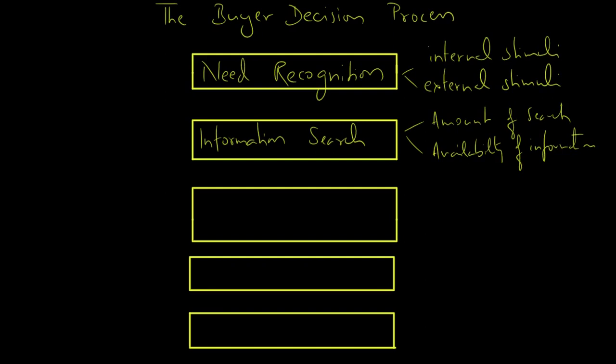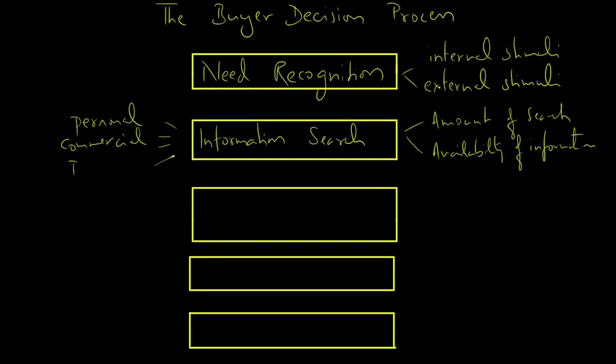Now, information search can be from various sources. So, the consumer might search information from some personal sources like friends, family members, or the consumer might go for commercial sources like ads, television ads, newspaper ads, or salespeople or websites of companies.